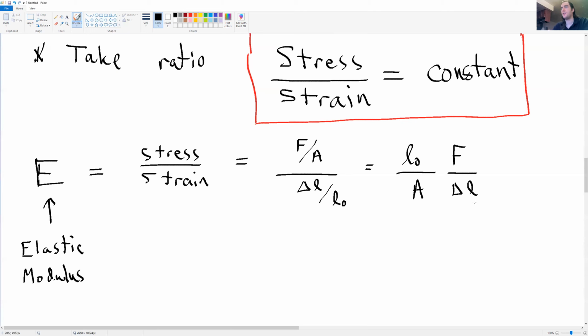So this is our equation here, and it tells us how much materials respond to stresses. Okay, so this is how we define the elastic modulus.